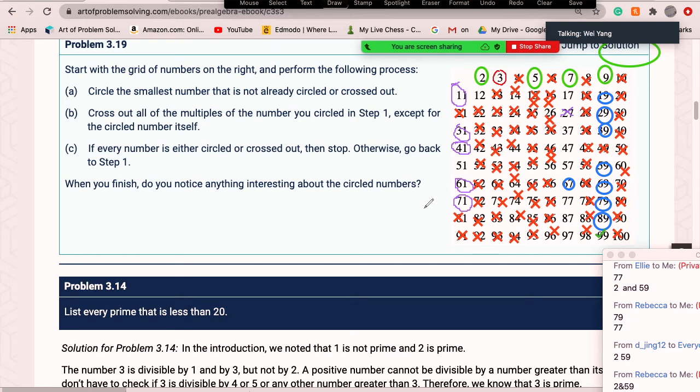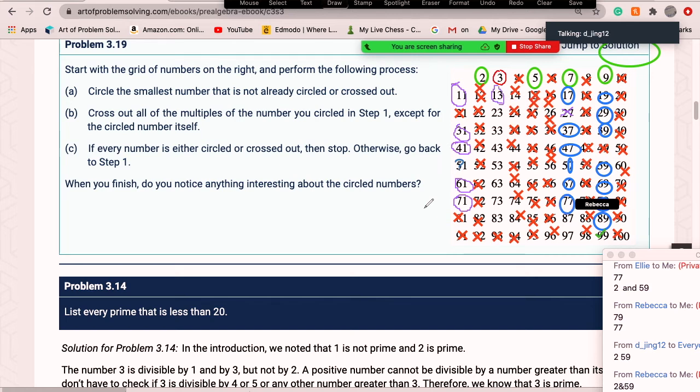After you finish that, you circle number 3, then go to step 2 and cross out all the multiples of 3. Then why did Ellie say I was wrong? Because some of these are supposed to be circled.